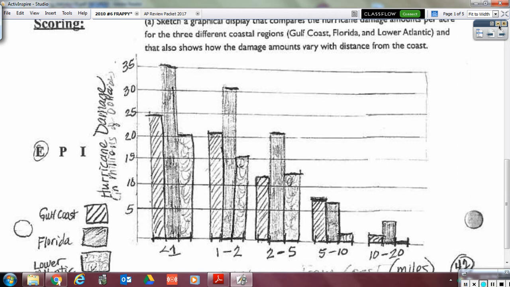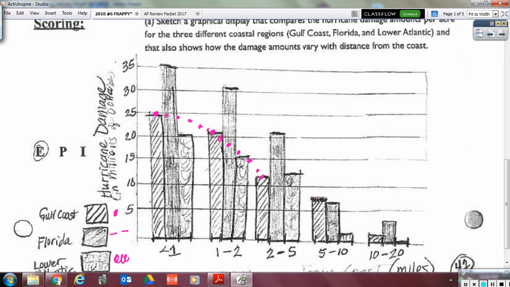You could have even done a line graph where you defined what each group was and drew a line from one number to the other, and so you would essentially have 3 lines on this graph.